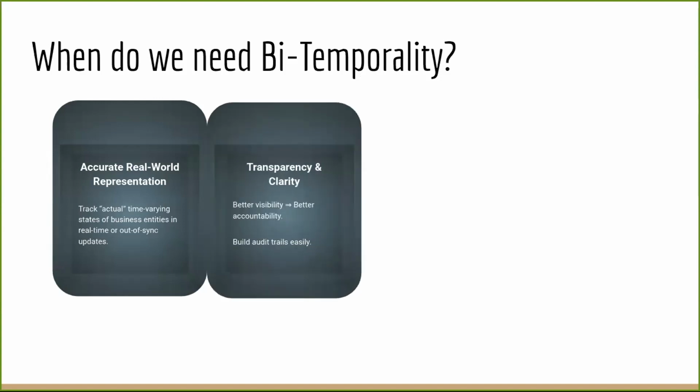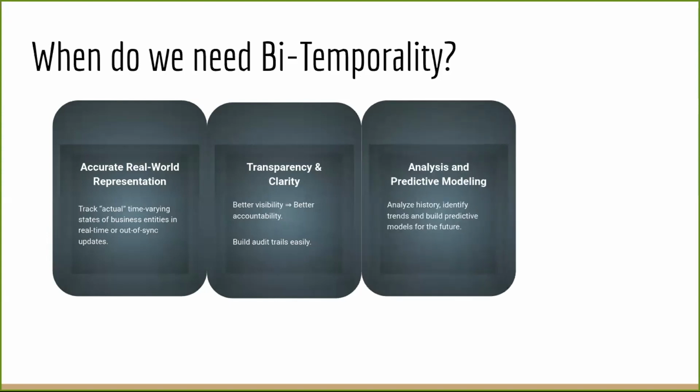The second thing it enables is higher transparency and clarity, because now we are able to keep track of who has made what changes at what time and what were the contents of those changes. And this basically enables unprecedented transparency. We can also build very interesting analytical and predictive models on top of historical data that has been labeled with two independent time dimensions.